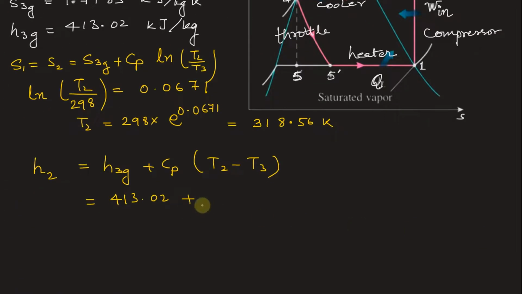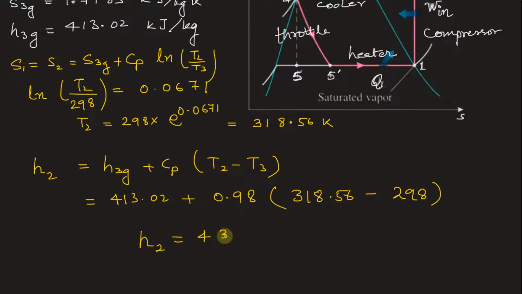Okay, so the value of Cp is 0.98. This will be multiplied by T2, that is 318.56, we just found out, minus T3, and T3 is 298. So this value, enthalpy at 2, H2 will be equal to 433.286 kilojoule per kilogram.